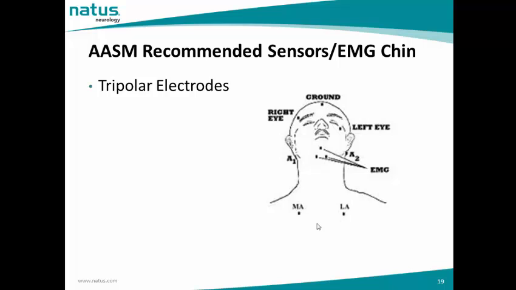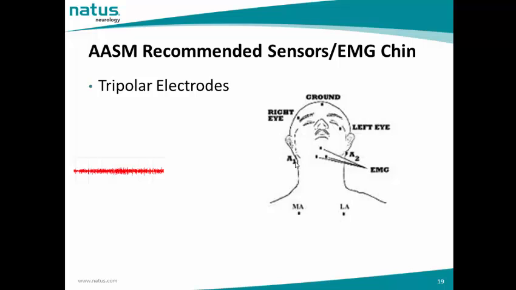Tripolar electrodes. The central one should be located 1 centimeter above the inferior edge of the mandible. The other two should be located on the submentalis region, and those should be 2 centimeters apart from the central midline.